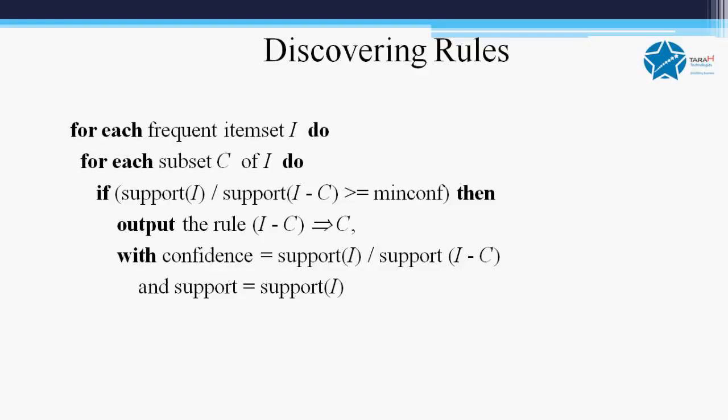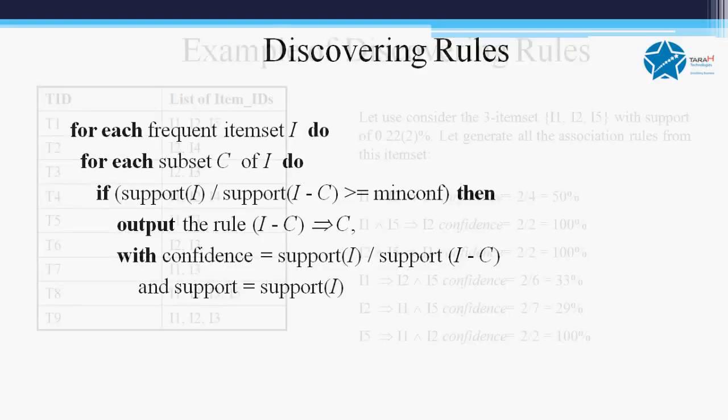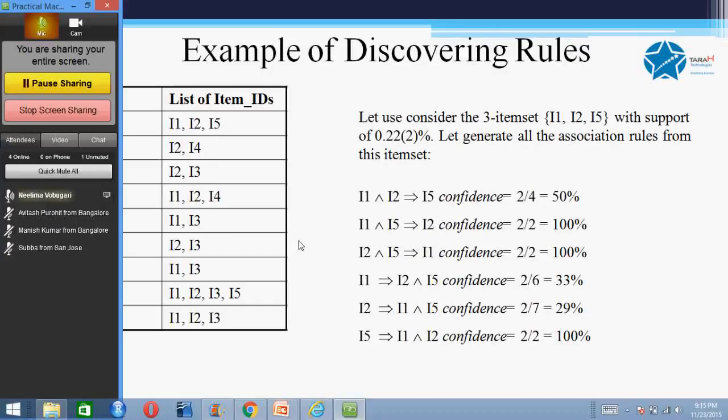Let's look at this example. We find that for combinations like I1 and I2 implies I5, we have a confidence of 50%. In some cases 33%, in some cases 29%. This comes from looking at the frequency of the item sets where both sides are present and dividing it by the frequency of the left-hand side items.